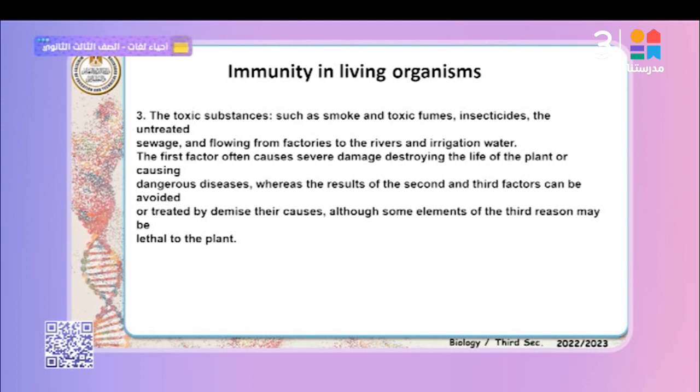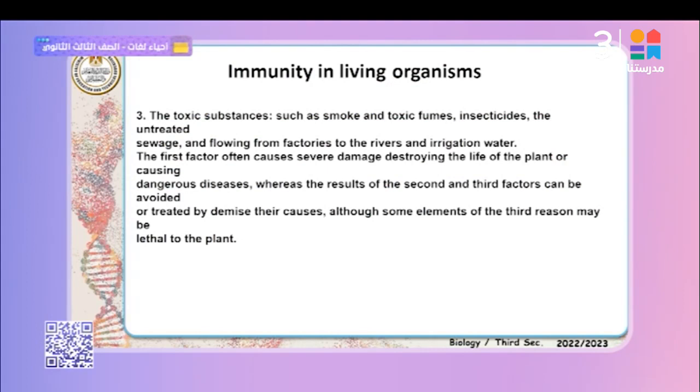These two factors may cause severe damage, but can be treated or avoided after minimizing the causes. Also, some elements of this third reason may be lethal to the plant. Lethal means leading to complete death.